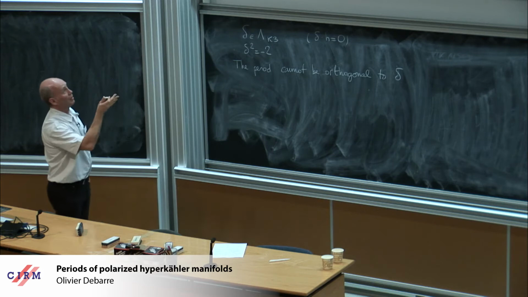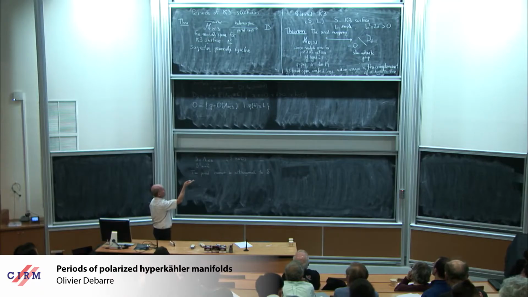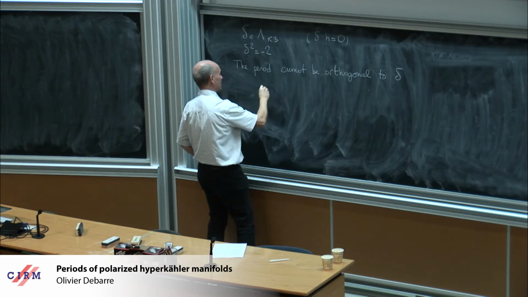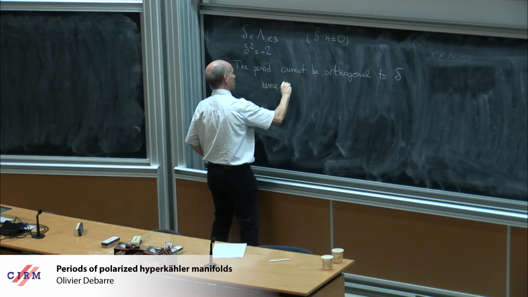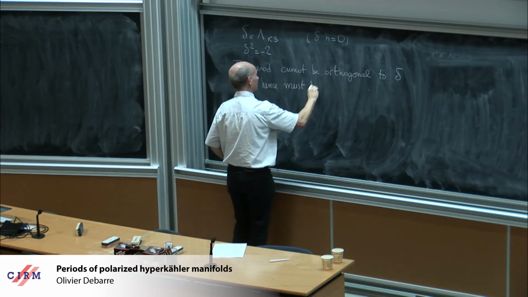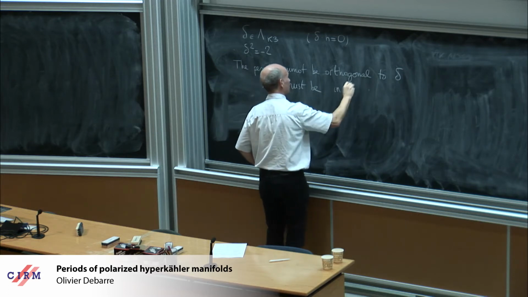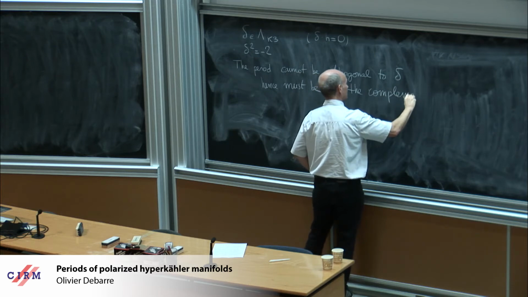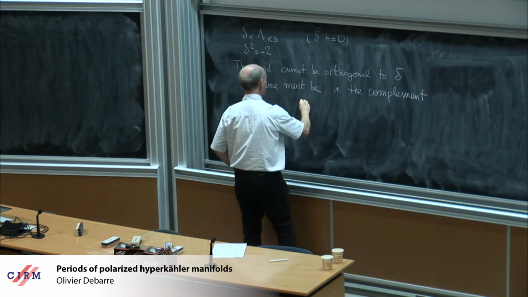So in other words, if you look upstairs, before taking the quotient by the orthogonal group, you see that the period must land outside, so it cannot be orthogonal to delta, hence must be in the complement of this union.